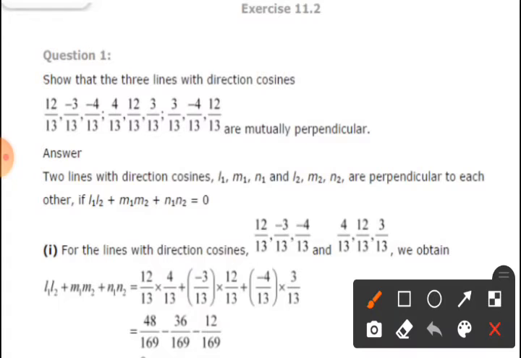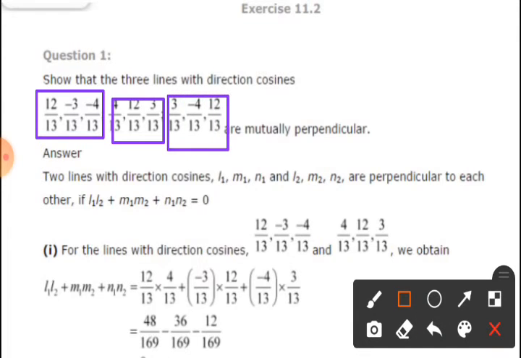Show that the three lines with direction cosines 12 by 13, minus 3 by 13, minus 4 by 13 for the first line, 4 by 13, 12 by 13 and 3 by 13 for the second line, and 3 by 13, minus 4 by 13 and 12 by 13 for the third line are mutually perpendicular.